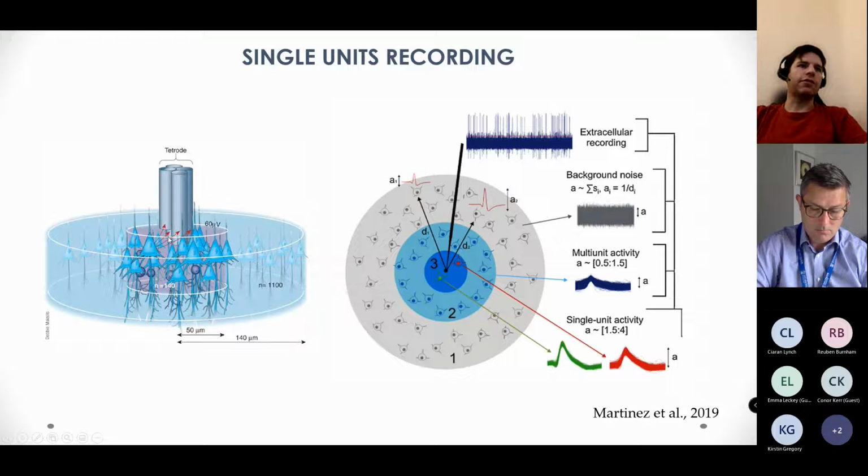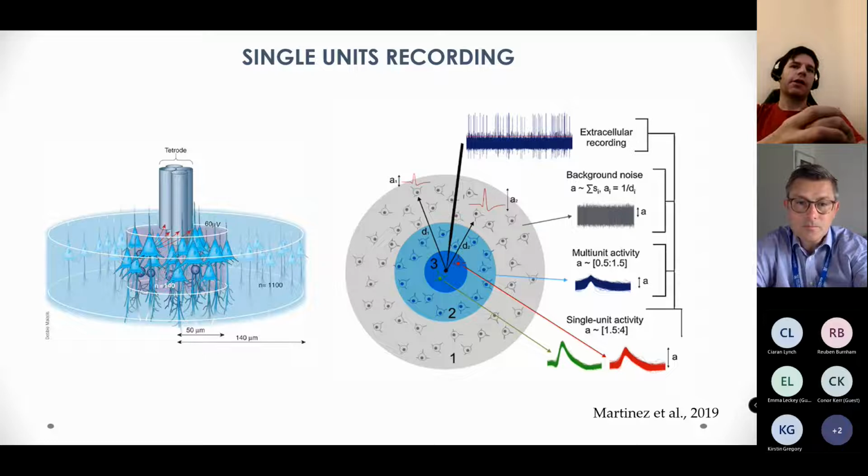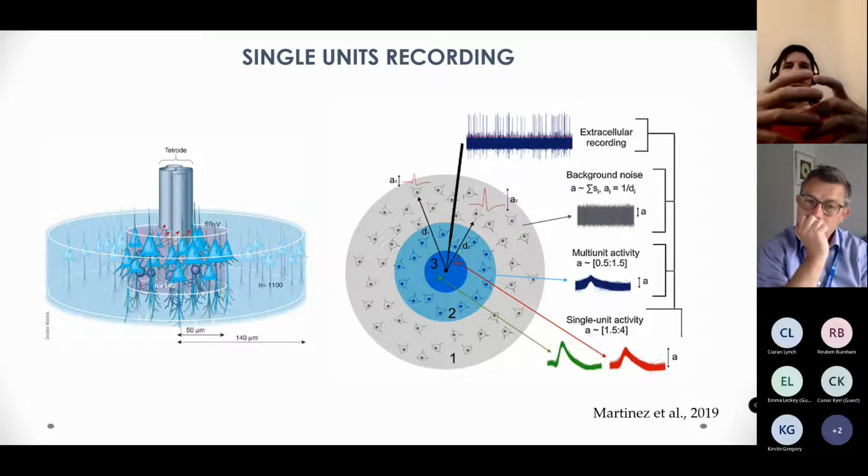If you go a little bit further, you can still get some waveforms, but they will be quite small and hard to define. So we call the first region around the electrode the region where you can collect single unit activities. And in the big region, like the blue region, we can collect multi-unit activity. They are both important, and it depends on the experiment.